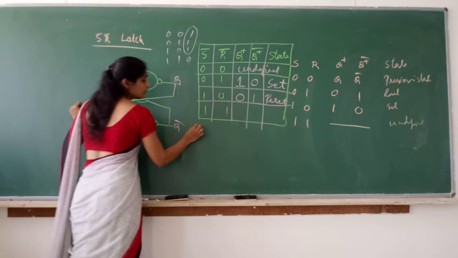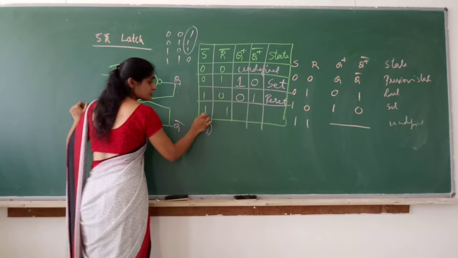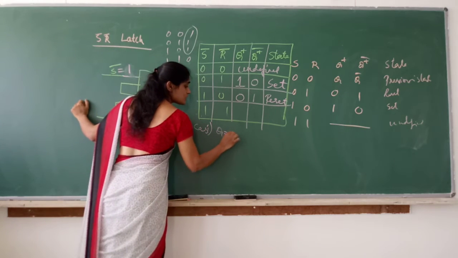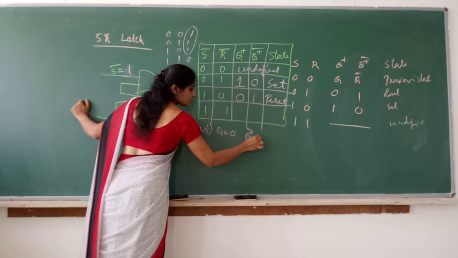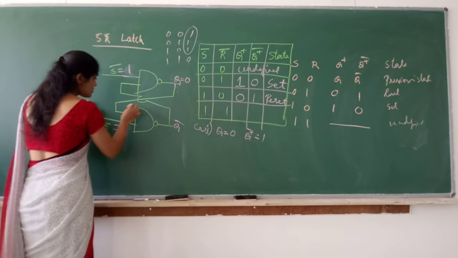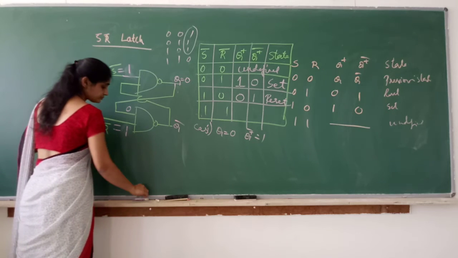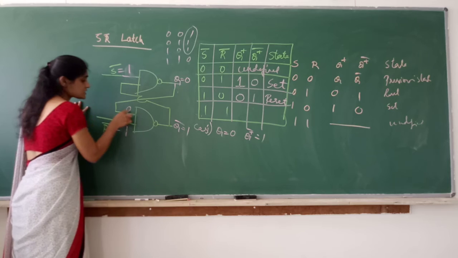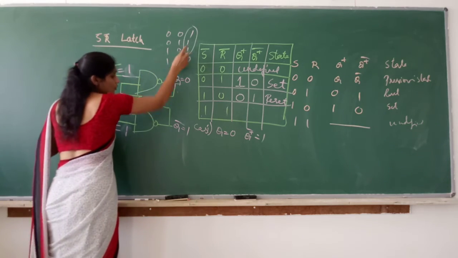Now, case 1. For this condition, we have to analyze two cases. Assuming the previous state, Q is 0 and Q bar is 1. Assumption, Q is 0. If Q is 0, what is Q bar? It will be 1. So next state, 0, 1 is what? 1.